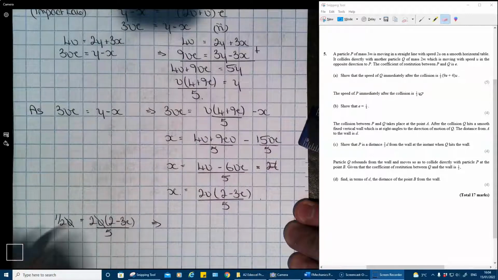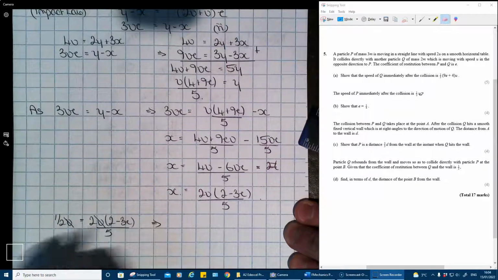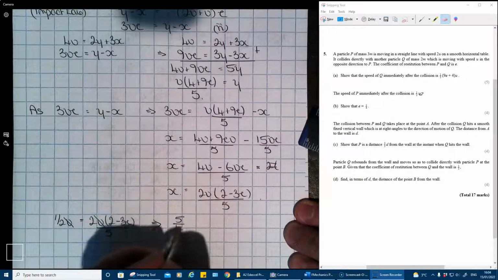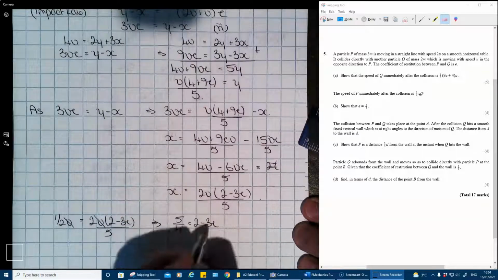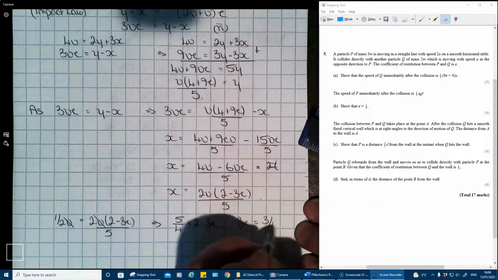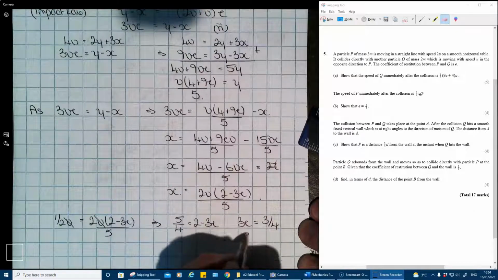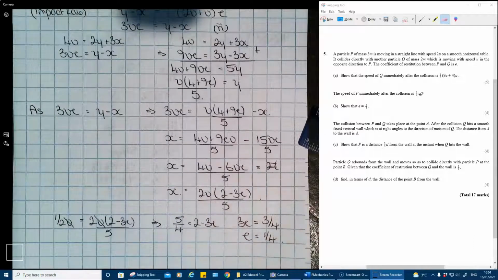Cancel the u's, times by 5 and divide, so 5 over 4, 2 minus 3e, add the 3e, take away that, so we get 3e equals 3/4, so we get e equals 1/4 as required.